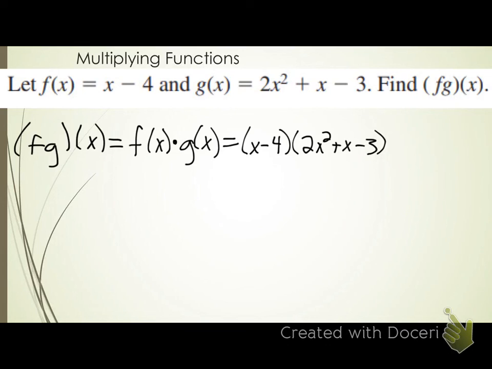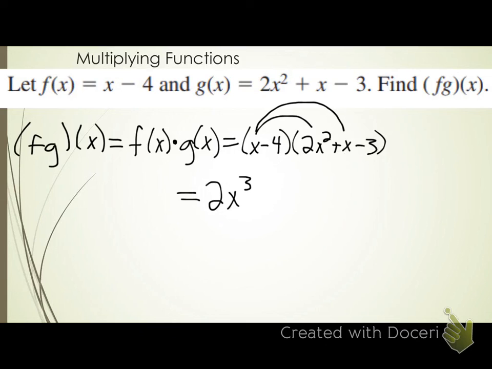And now this is just a problem that I've seen today in class. Just multiplying these two polynomials, right? So every term in my first set of parentheses gets multiplied by every term in my second set. Distributing twice. So I need to distribute my x first. What's x times 2x squared? 2x cubed.